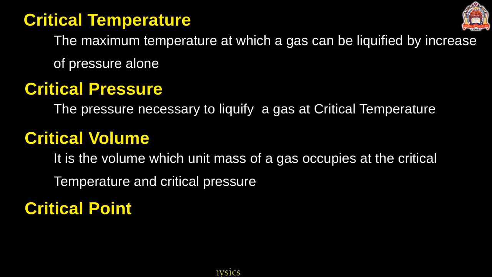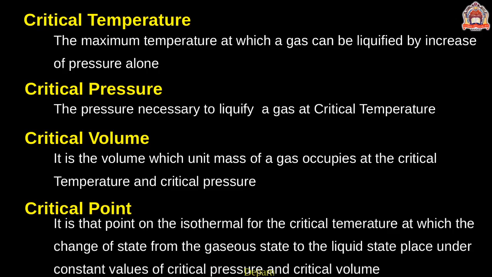It is that point on the isothermal for the critical temperature at which the change of state from the gaseous state to the liquid state takes place under constant values of Pc and Vc. So this is the Andrews experiment and critical temperature, critical pressure, critical volume and critical point.